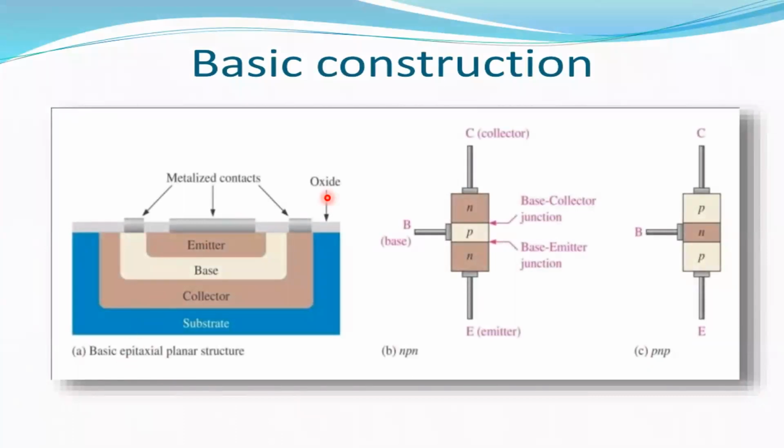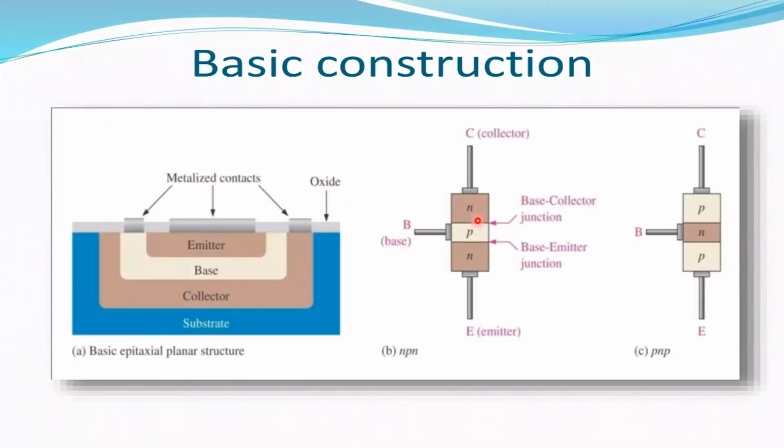So this is the basic construction of NPN, PNP, and the basic planar structure. Epitaxial planar structure. So this is emitter, base, and collector, and this is how the diagram will be.